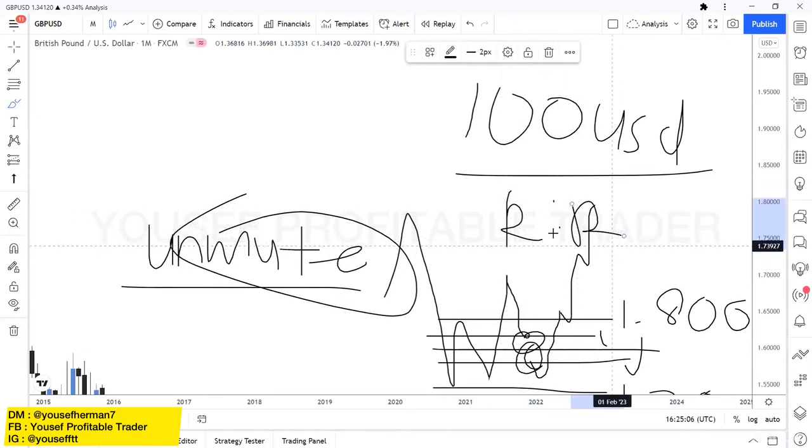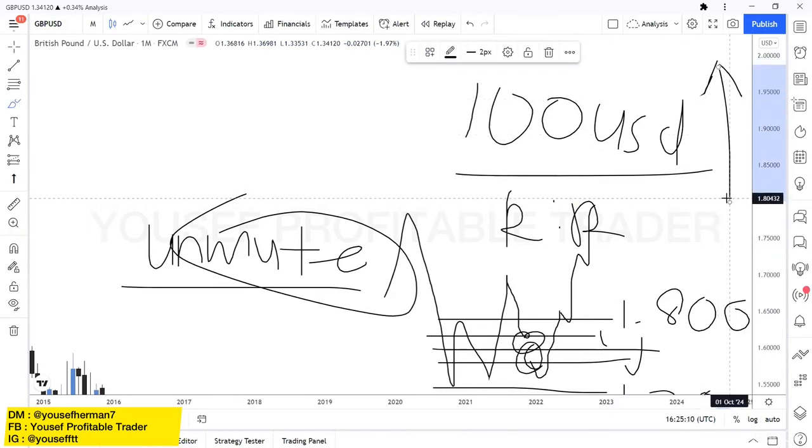And 100 USD and above is also for the compounding plan that I will give you, which is only suitable for 100 USD and above. That's why it is advisable to trade with 100 USD and above.